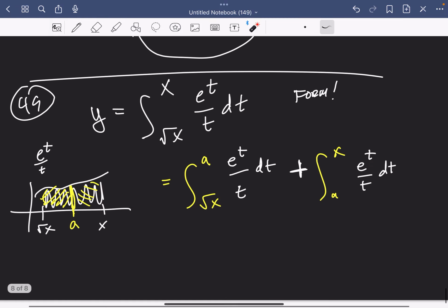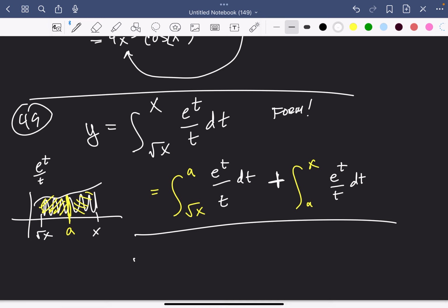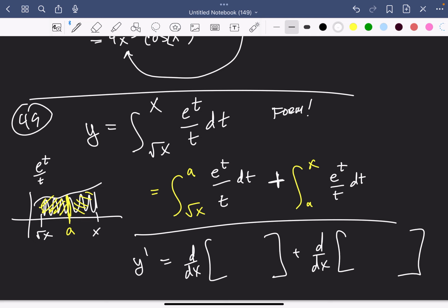Okay, awesome, good job. And so now what we need to do is I need to take the derivative. So if that's my y, the derivative is going to be just the derivative with respect to x of the first piece plus the derivative with respect to x of the second piece. Because the derivative of a sum is the sum of the derivatives. So it's going to be the integral from root x to a of e to the t over t dt, and this is going to be the integral from a to x of e to the t over t dt.